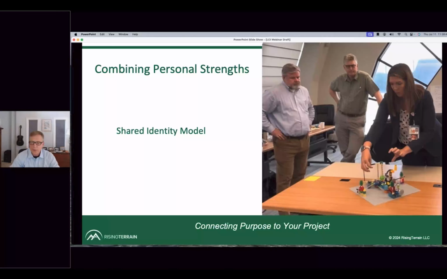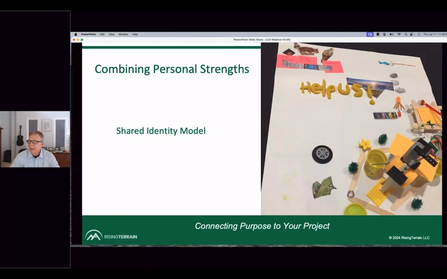It's really a helpful way of thinking about who the team is together. So this is an example of the story. This is from a stranded exercise. So you can see different people had different strengths, and they arranged this on a map, if you will, so that they could tell a story about who they are together.